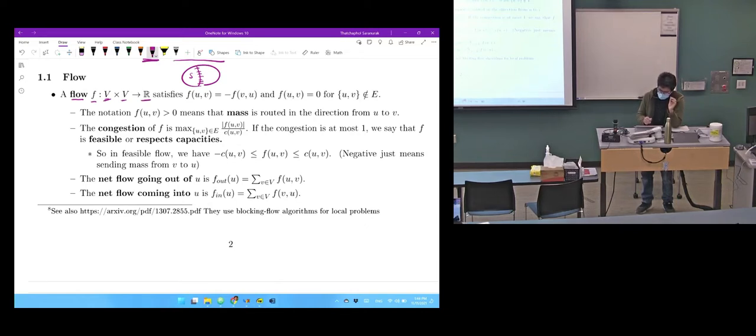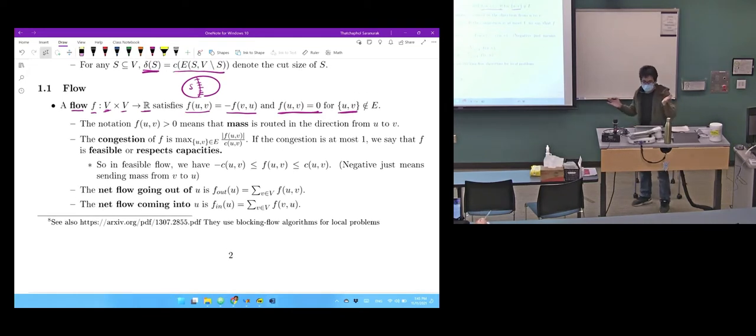If it satisfies the following, then I call it flow. First, it is anti-symmetric. And second, if uv is not an edge in the graph, then it should be 0. That is flow.